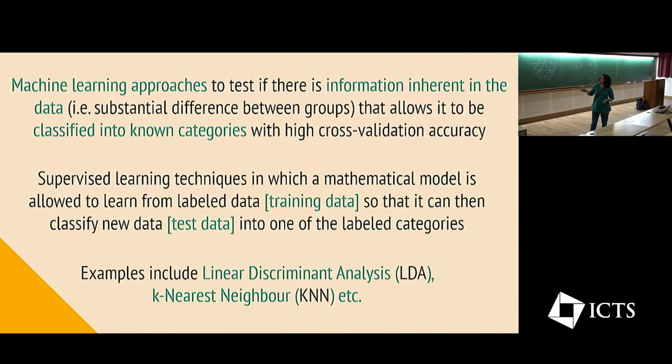So, just an introductory slide on what classification is. It's a machine learning approach to test if there is information inherent in the data, that is, a substantial difference between groups, that allows it to be classified into known categories with high cross-validation accuracies. These are supervised learning techniques in which a mathematical model is allowed to learn from labeled data, that is, training data.